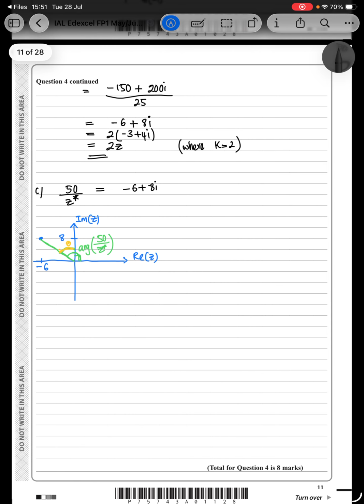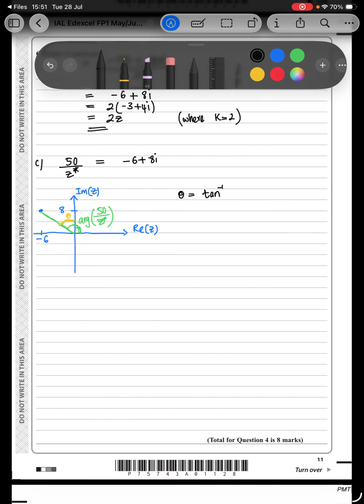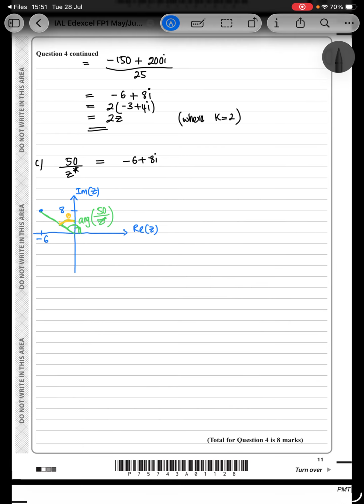So let's work that out. Theta will be tan inverse, or if I write from the very first step, tan theta is equal to opposite over adjacent. So the opposite is going to be minus 6, which is this one. The adjacent will be this, which is 8.